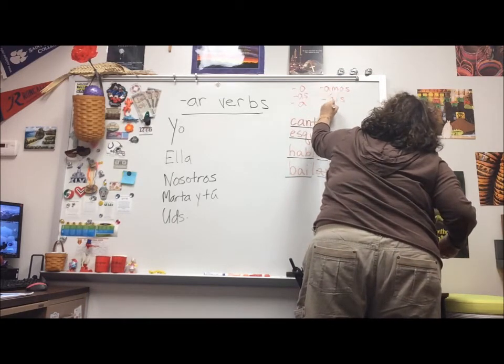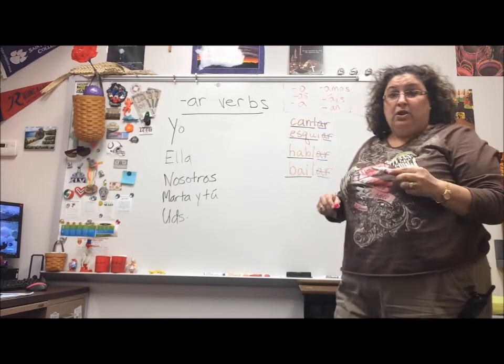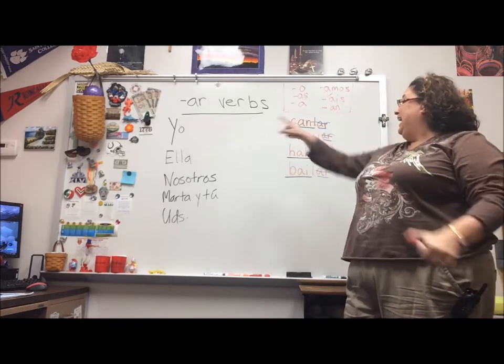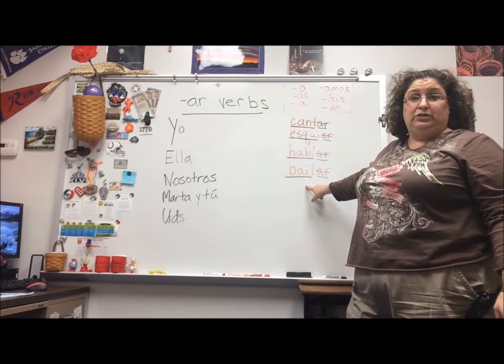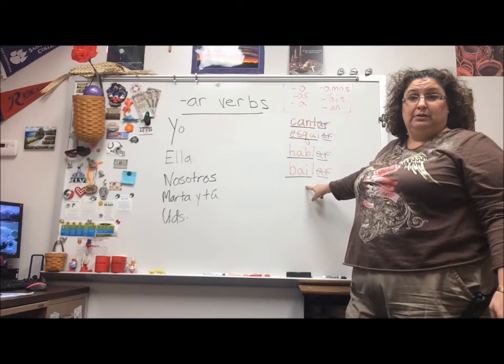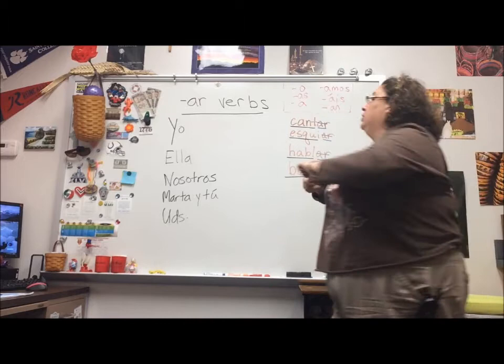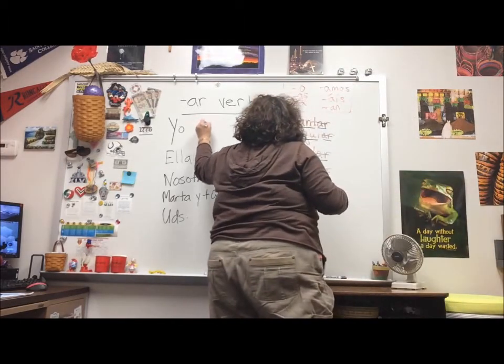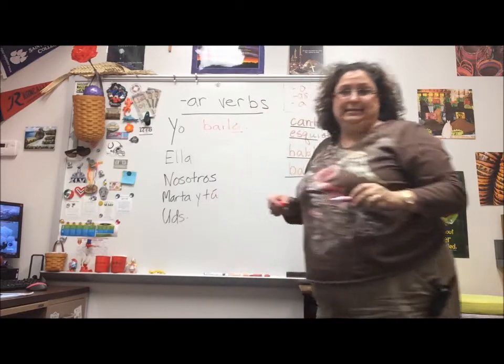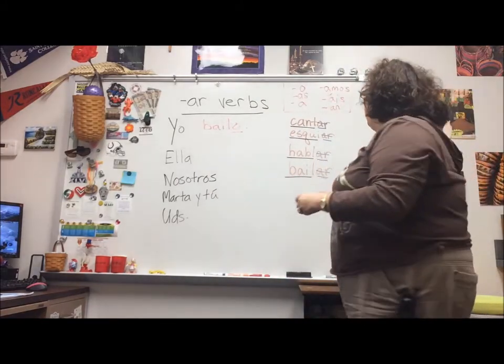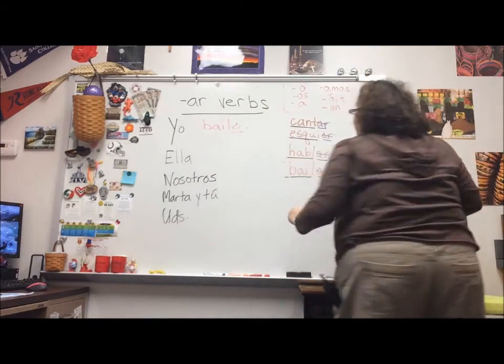These are our verb endings, okay? So if I want to say I dance, what ending am I going to use? The yo form, that's right, with o. So I'm going to say yo bailo. I dance. Good. All right, so we can cross this one out because we've already used it.